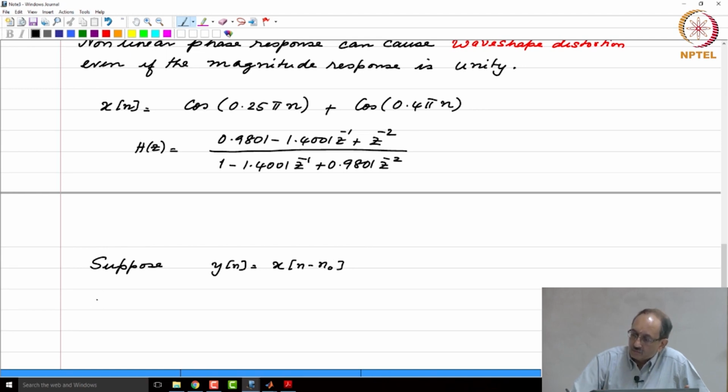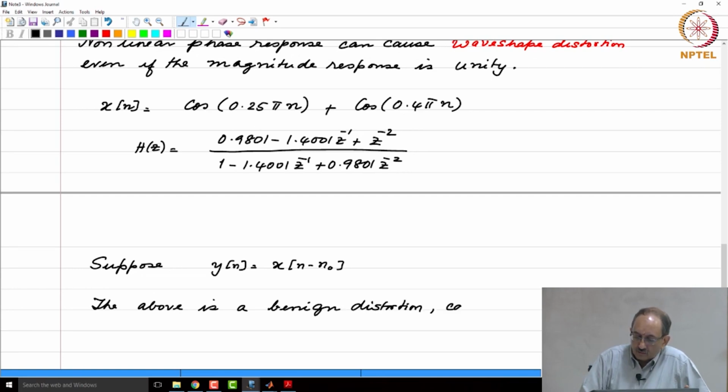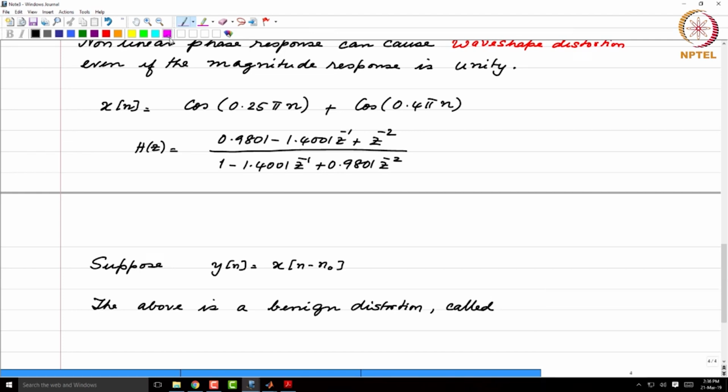Therefore, the above is a benign distortion called delay distortion.